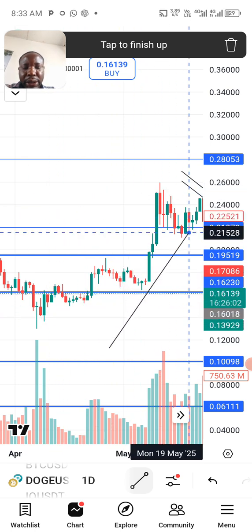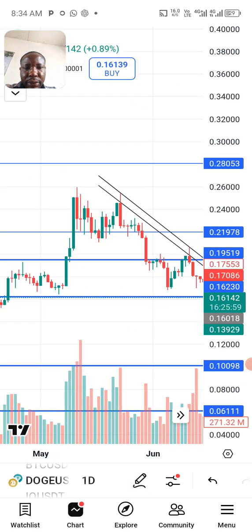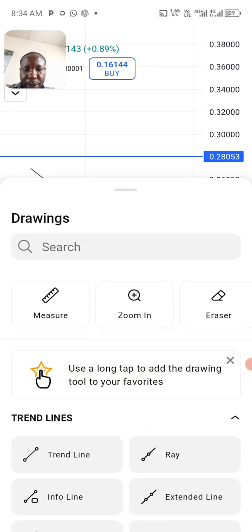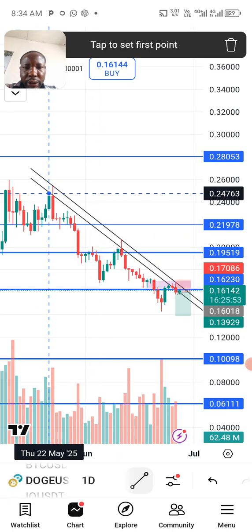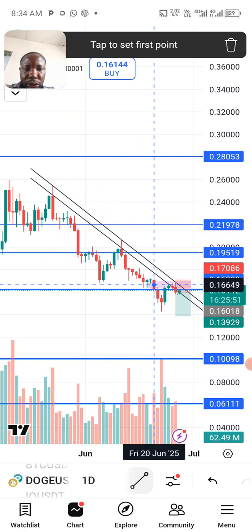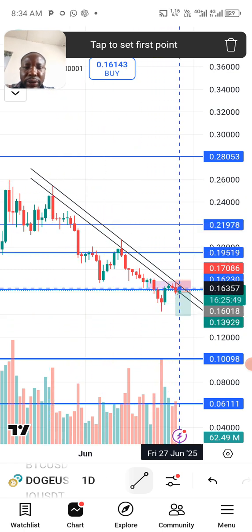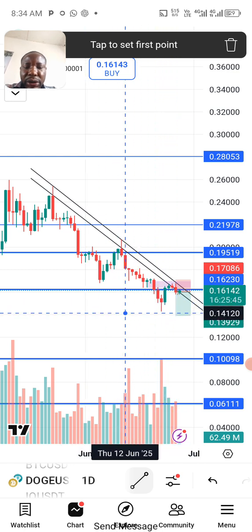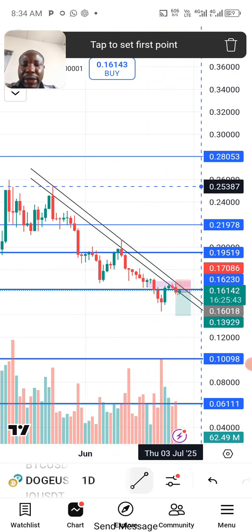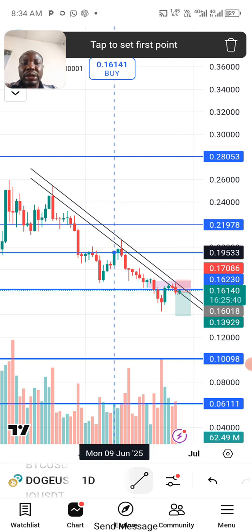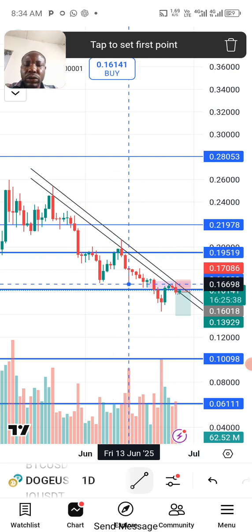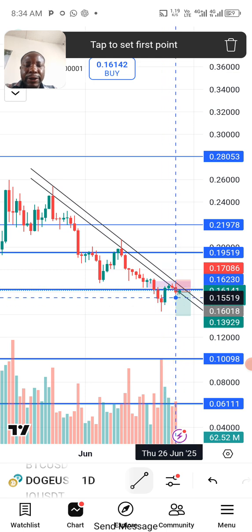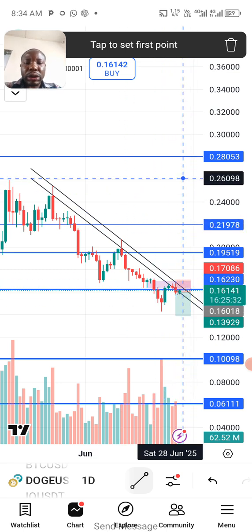He came to this place again, came to that place, he came to here and started rallying to the downside again. So he is actually on consolidation as well. It means that whenever he comes to this area again, he's expected to rally up again, because BTC is on consolidation. Therefore, other cryptos will also join him to be on consolidation. So it is expected that he also rallies back to this place.